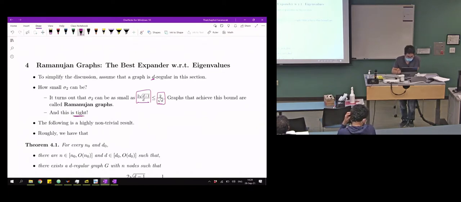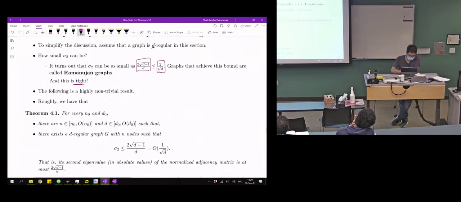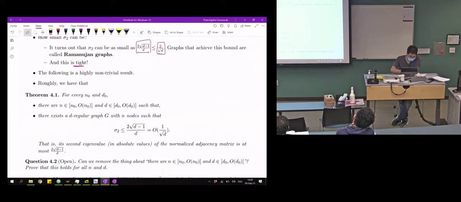And also, this is tight in some sense. So that's what we want to talk about. Basically, there is a proof which says that if you are given any n0 and d0, then you can find n and d within this, which is the same as n0 and d0 within some constant factor.